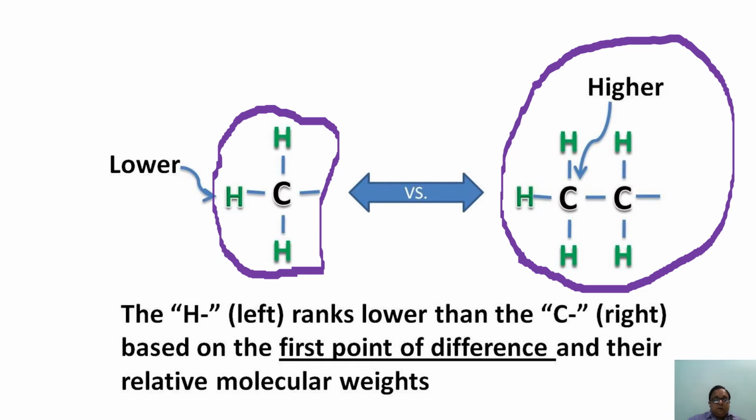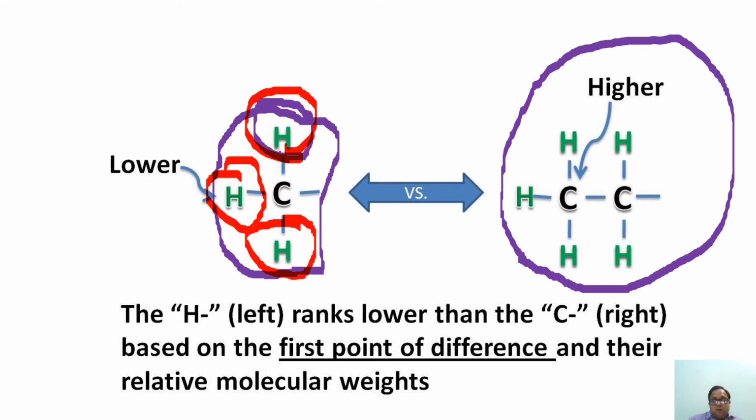This carbon is having three substituents: hydrogen, hydrogen, and hydrogen. Now look at this carbon. This carbon is having one hydrogen, another hydrogen. So both hydrogens are of equal rank. So this carbon is also of equal rank.